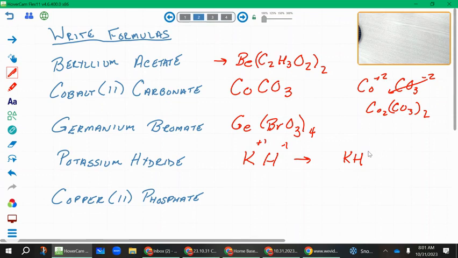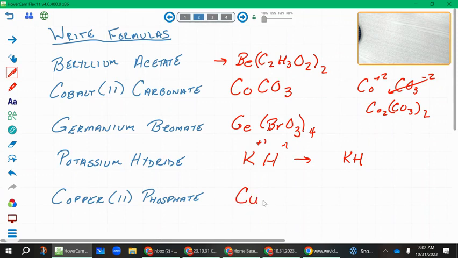All right, copper 2 phosphate, copper 2 phosphate. Oh, all right. Michaela Powers, what do you got? Okay, so copper, give me that one. Let's do this together then for everybody. Oh, I did do that one.